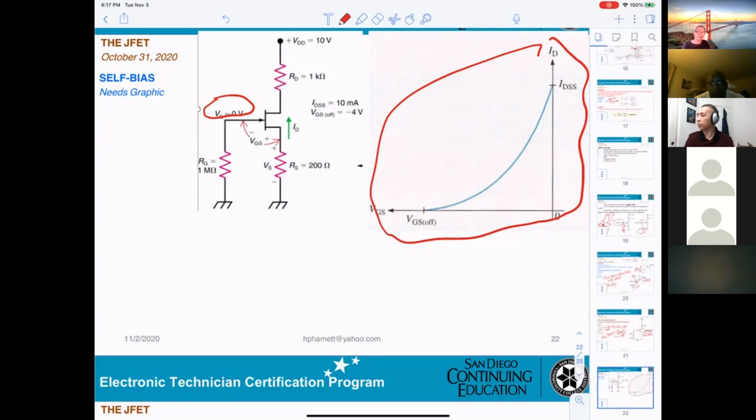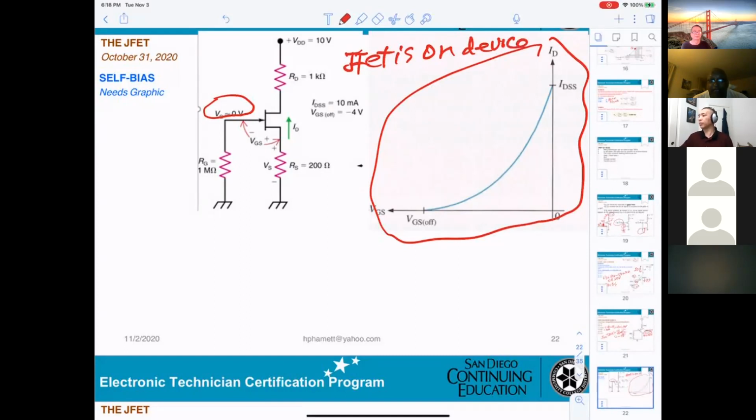So that's why they say JFET is an on device. Can you repeat the statement? JFET is called which device? An on device.